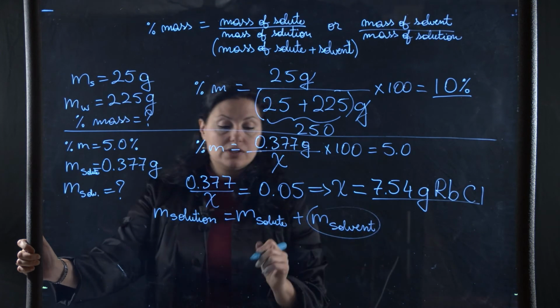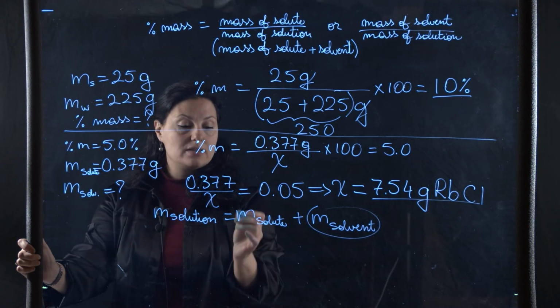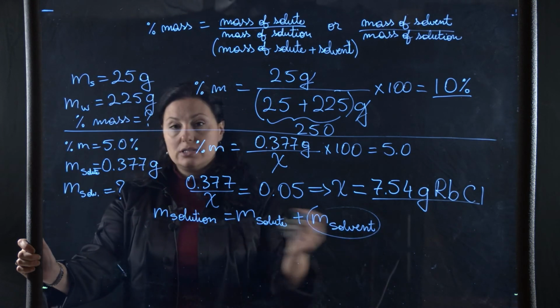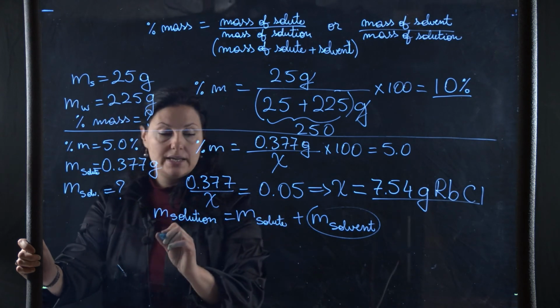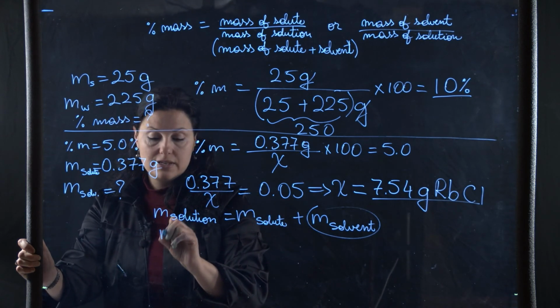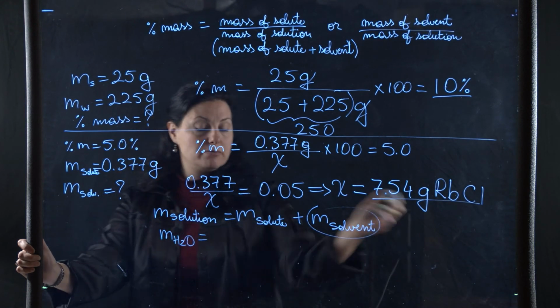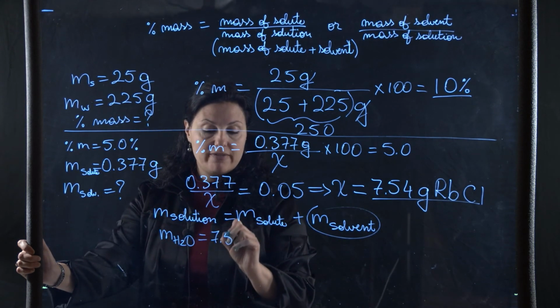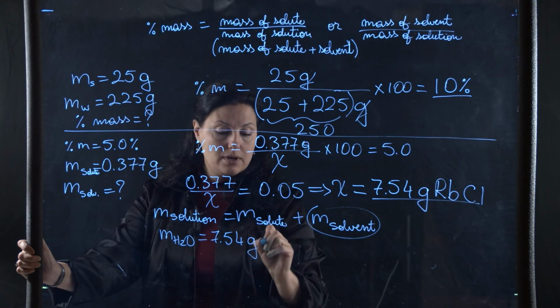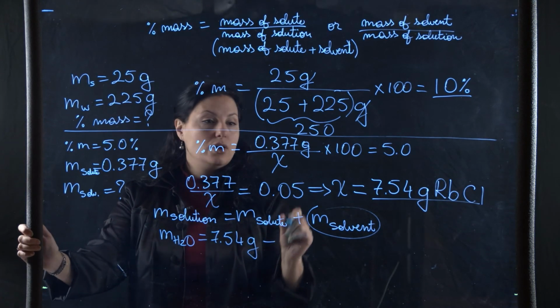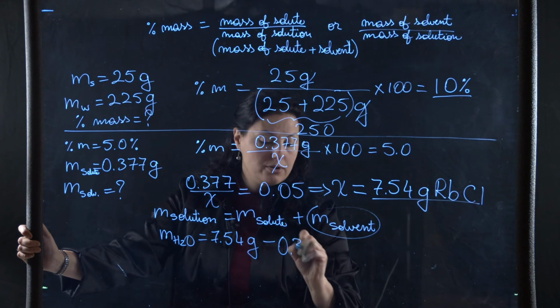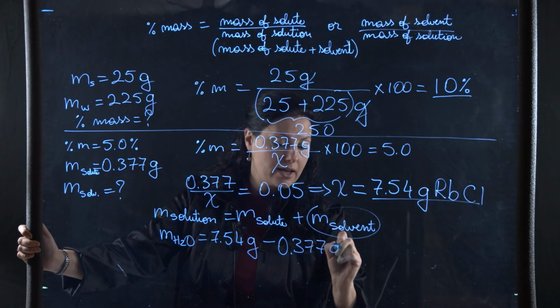I need the mass of solvent, which means that if I subtract the solute on both sides, my mass of solvent, so H2O, is going to be the mass of my solution, which is 7.54 grams, minus the mass of my solute, which was 0.377 grams.